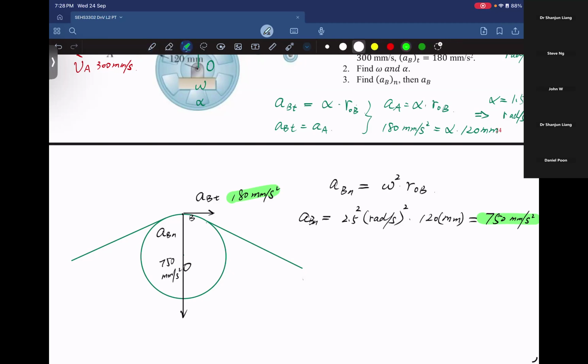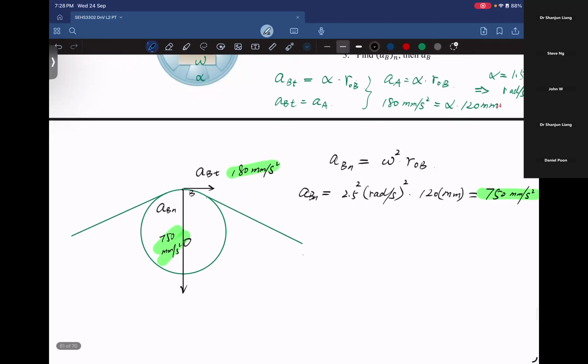And now we need to find out the total acceleration. What is the total acceleration? It's the vector summation of these two accelerations. We need to draw a rectangle from the end of ABT along ABN, and from the end of ABN along ABT.